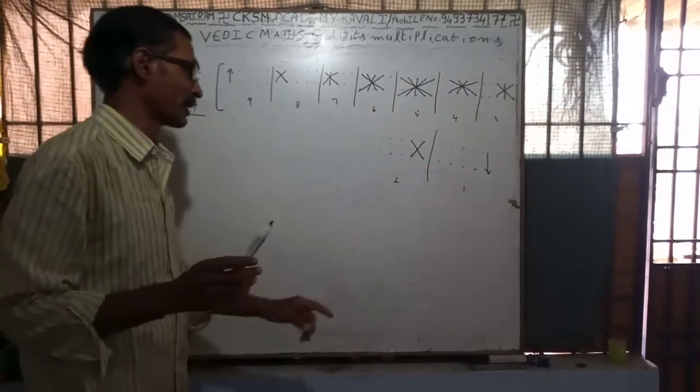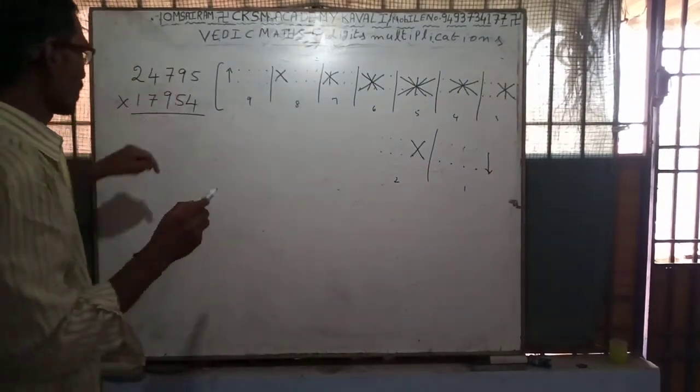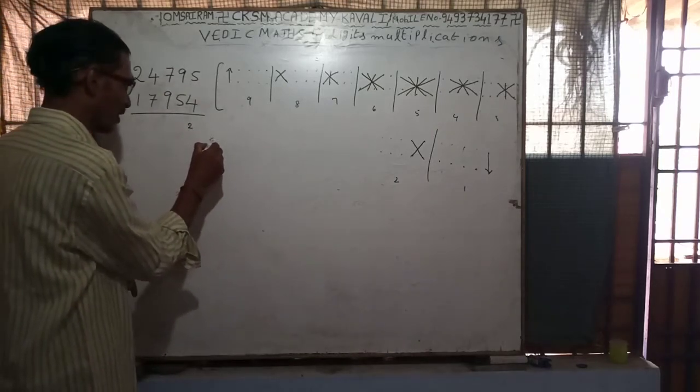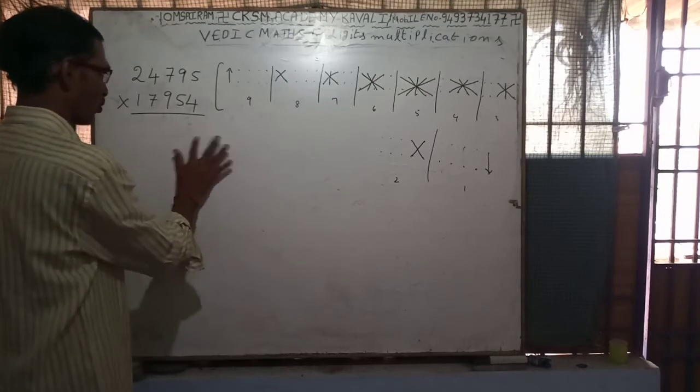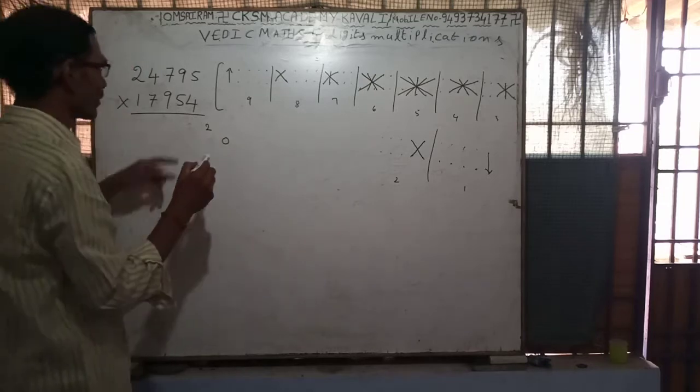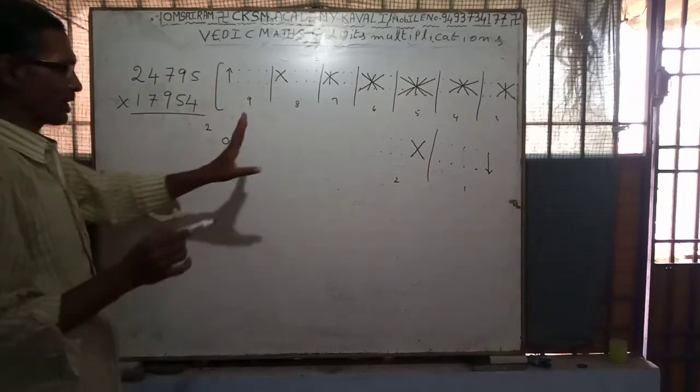First step: 5 4s are 20. 2 here, 0 here. First step is over.